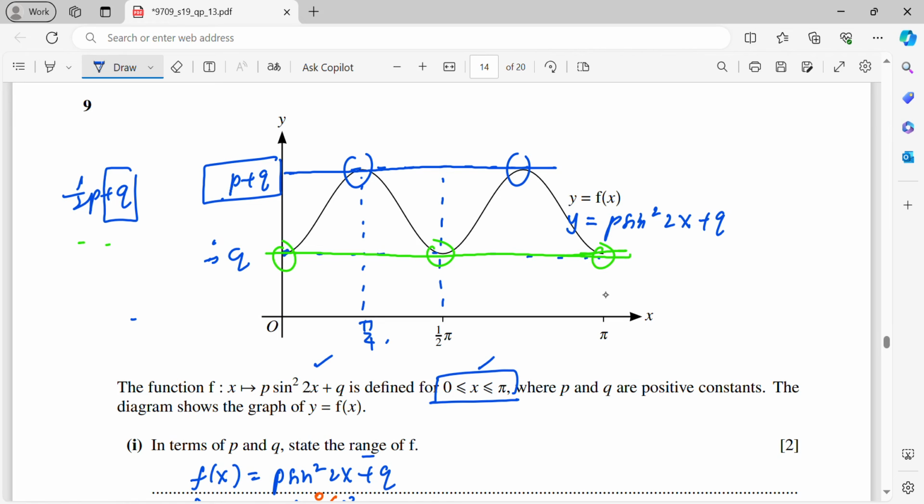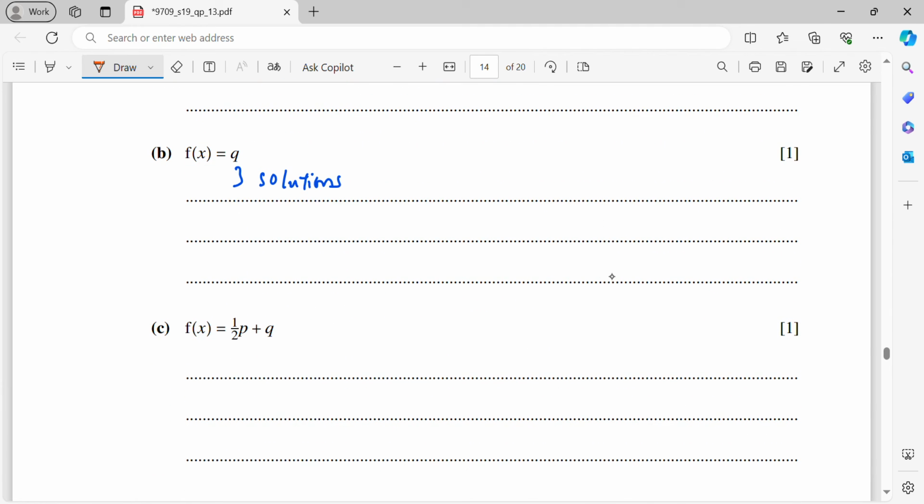If this q you add half p, that means it will be in the middle, right? So here is half p plus q. Therefore, from the graph, I have 1, 2, 3, 4 intersection points. 4 intersection points means that you will have 4 solutions. So here I'll get 4 solutions.